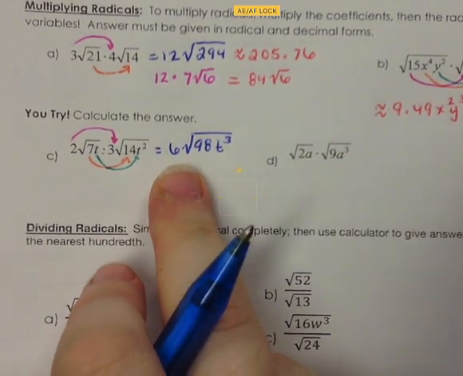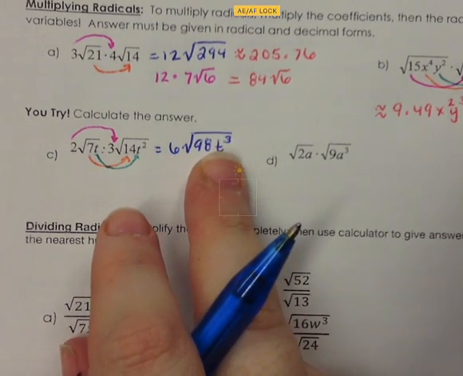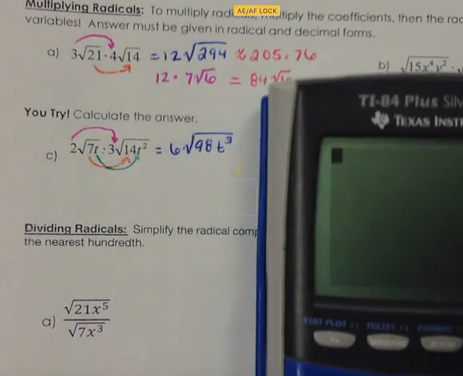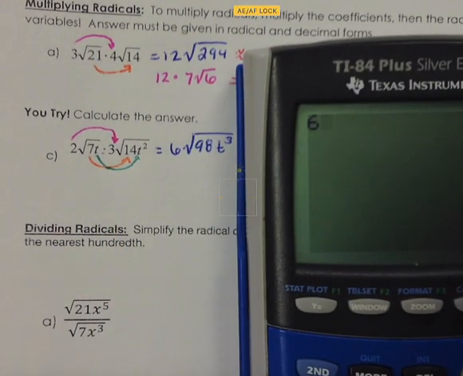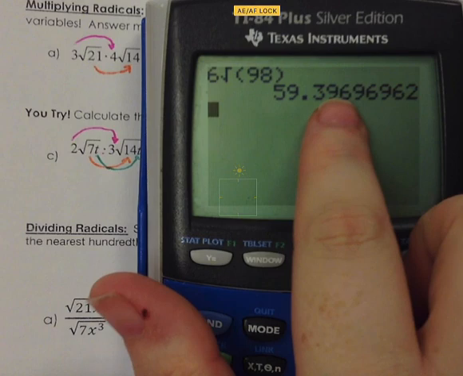So what we're going to do is get the decimal value of this, and then simplify the t cubed. So the decimal value of 6 square root 98 is 59 and 39 rounds up to 40 hundredths.